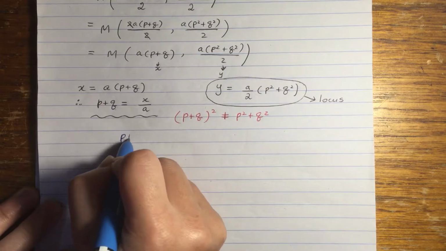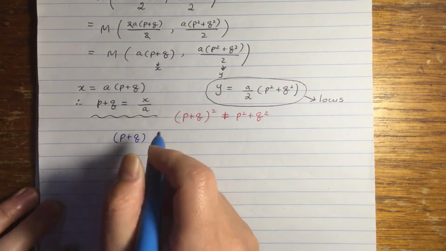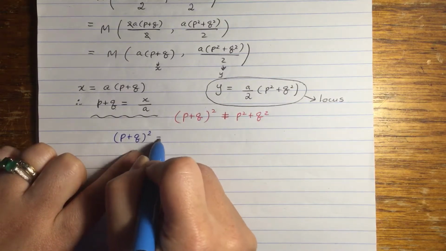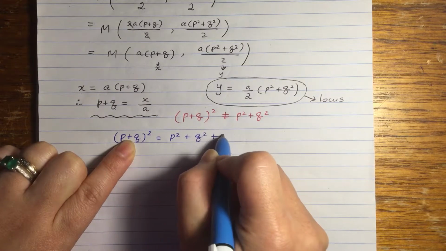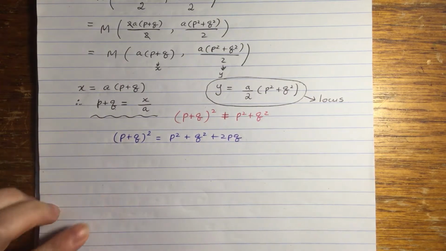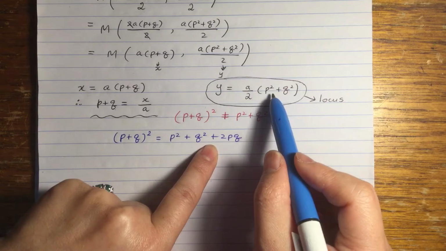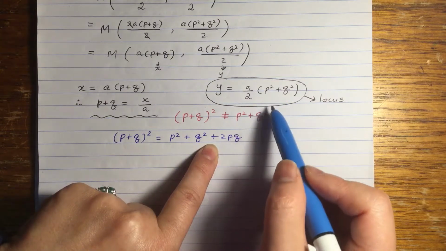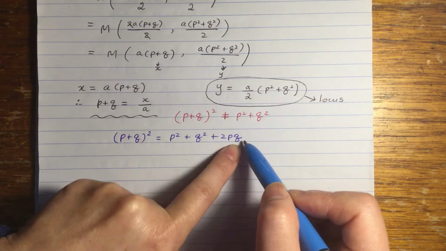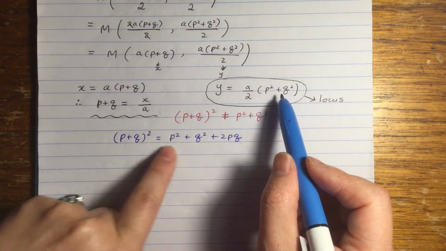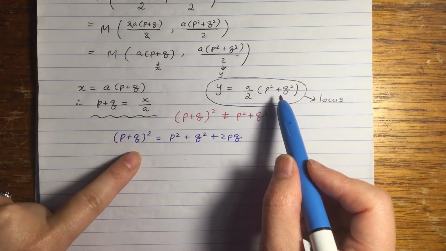So p plus q, if we actually square it and expand this, you will get something like this. Now this looks very close. It just has an extra term in there. If we can get rid of this extra term, we can use this for this.